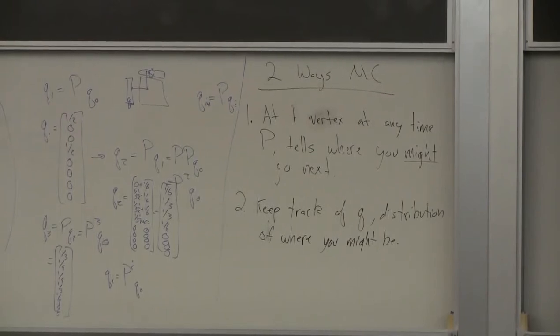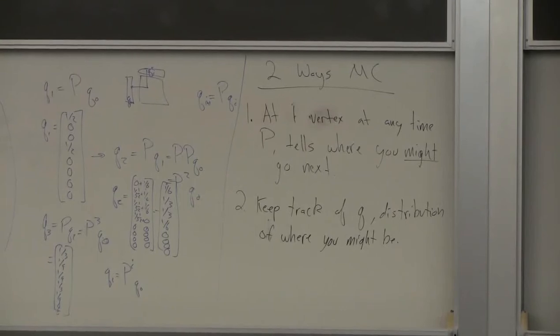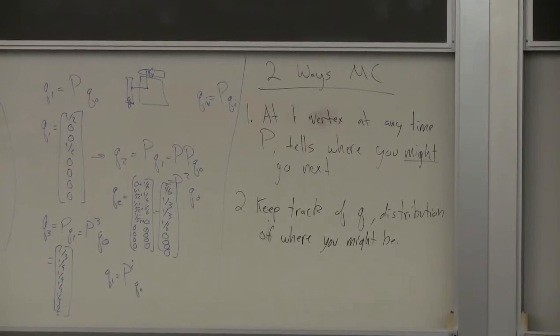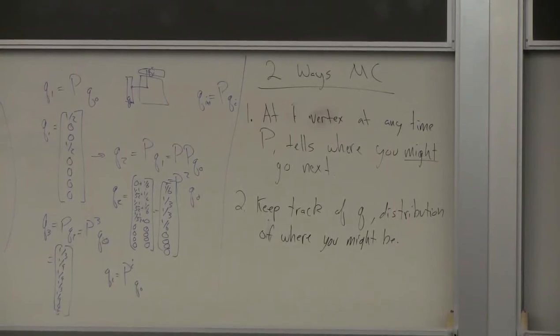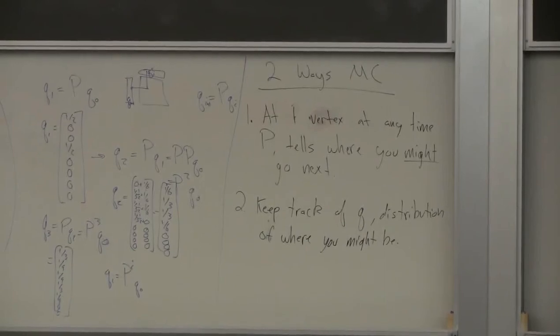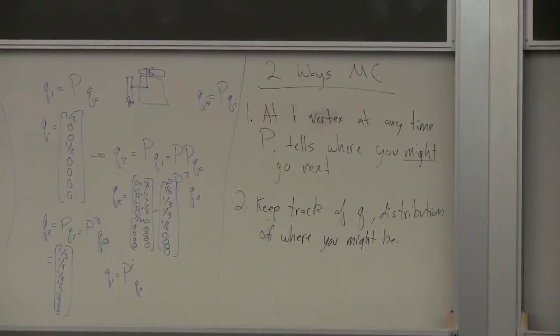So we're going to have this property called ergodicity. A lot of you have heard of Markov chains. Who's heard of the notion of a Markov chain being ergodic? Okay, it's only a few of you, so that's good.